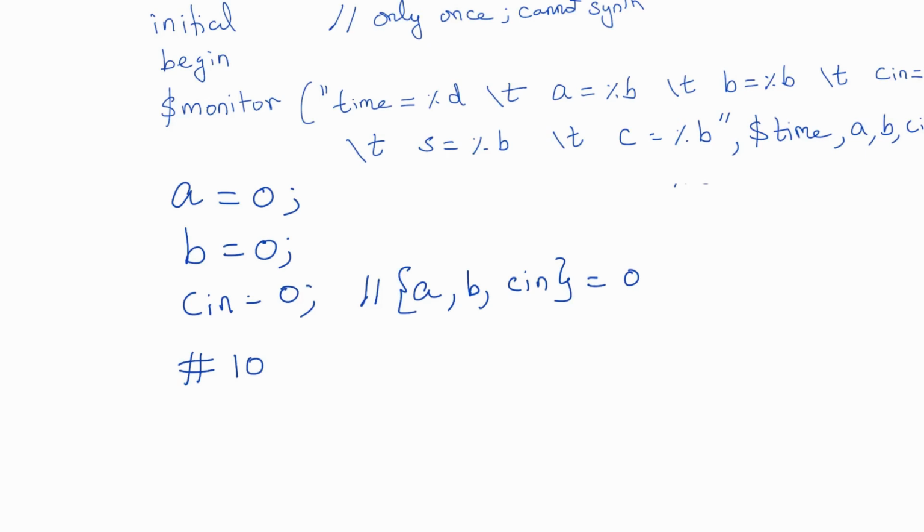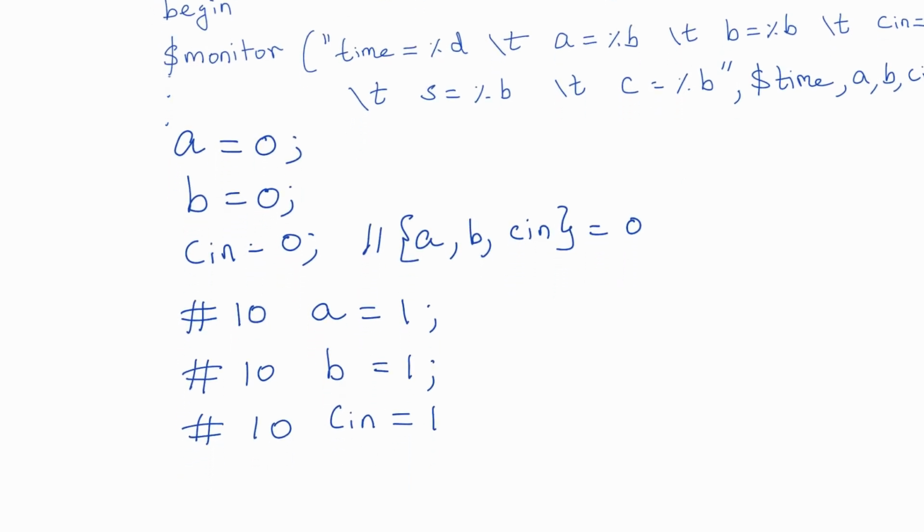So say, let me change A to 1, and then wait for another 10 time units, and then make B to 1, and then wait for another 10 time units, and then make Cn to 1.